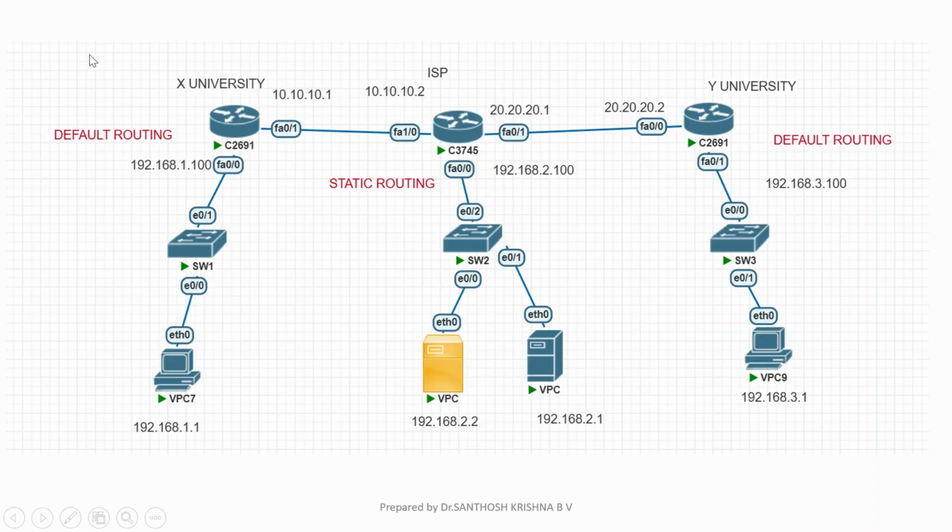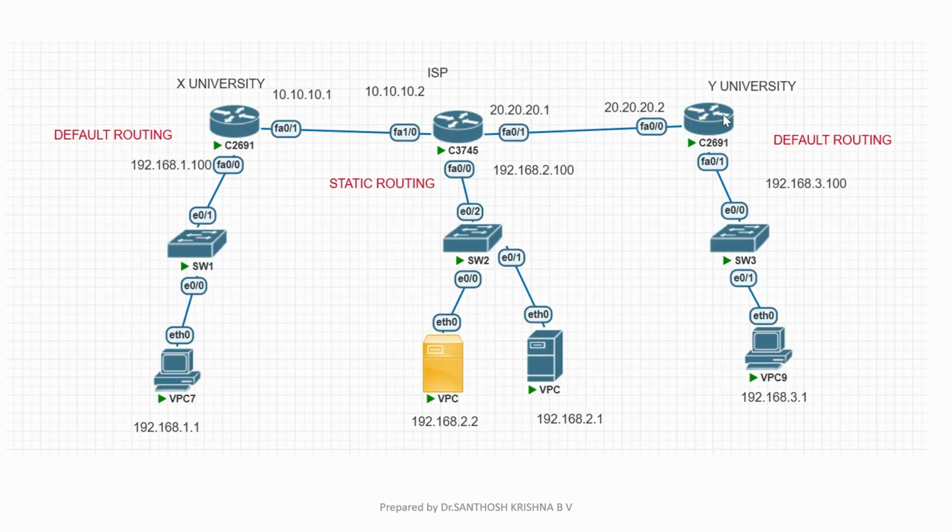So X university will divert all the packets to the default router. X university will divert all the packets it has to send to the ISP. The ISP knows about all the other networks, so the ISP will forward the packets to the particular destination.